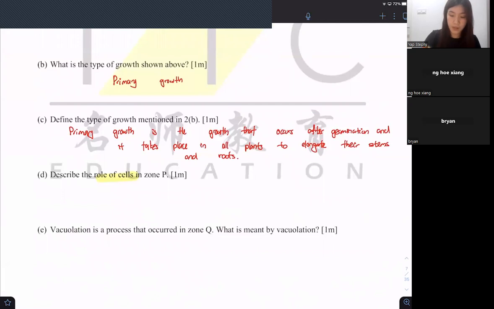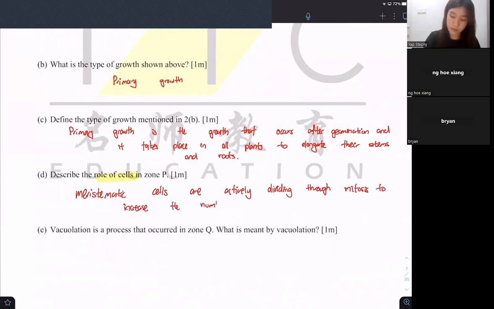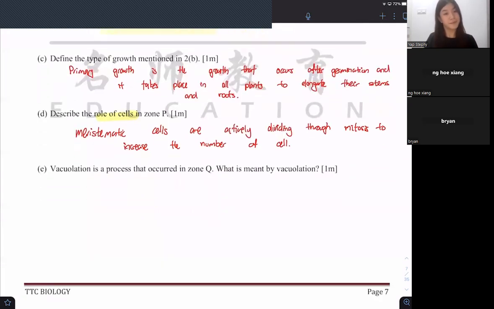So you can write down: meristematic cells are actively dividing through mitosis to increase the number of cells. Yeah, like this.